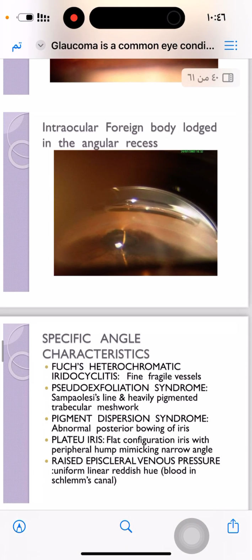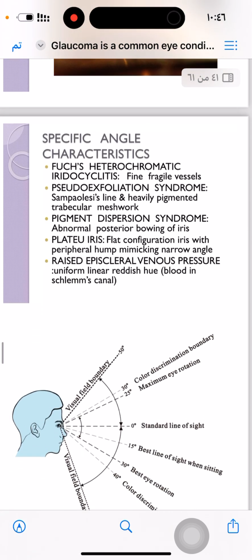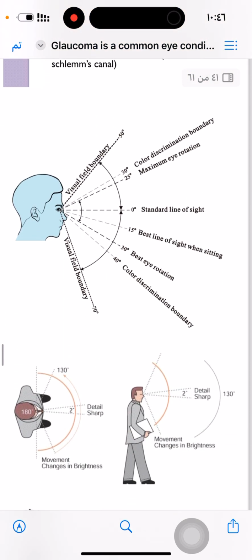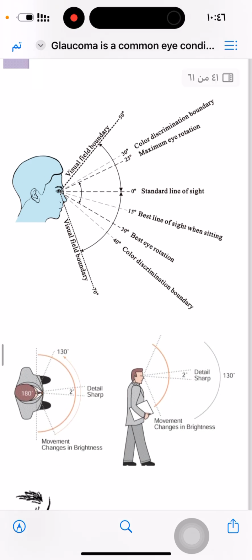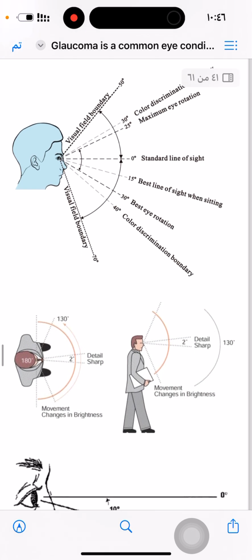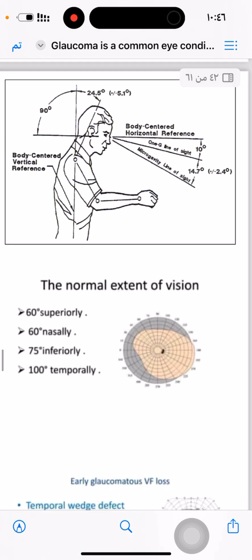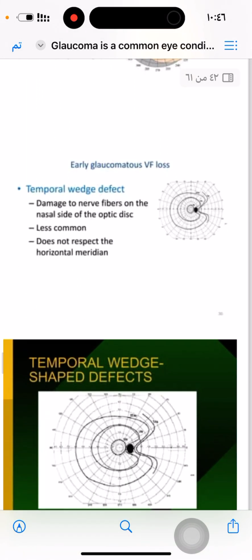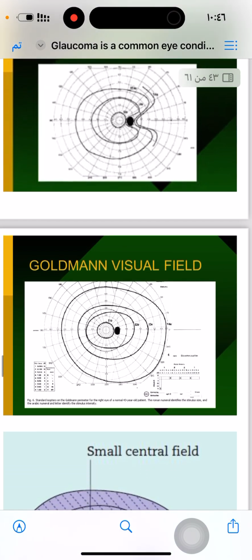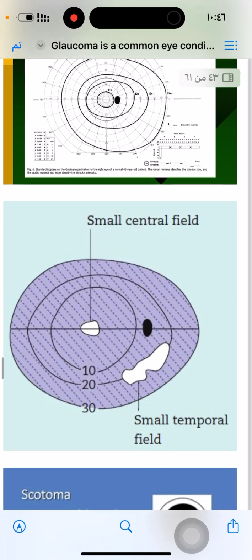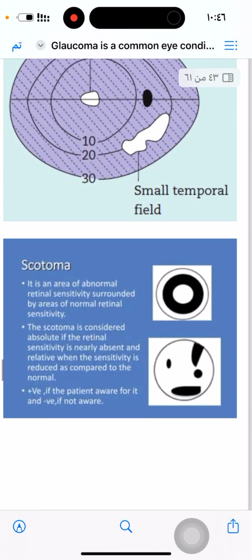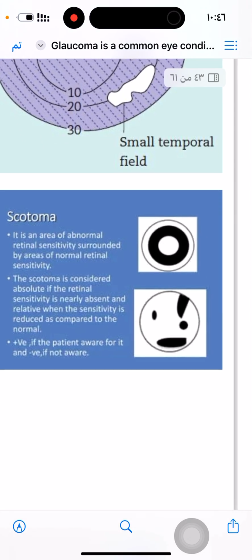Another important thing is the visual field. Major boundary of visual field. As you see, there are many fields. This is just for normal, and this is when we do it when our nerve is not right. But if we have glaucoma, we have a temporal wedge early, while this wedge converts to a very large circle called a scotoma, which is dark.